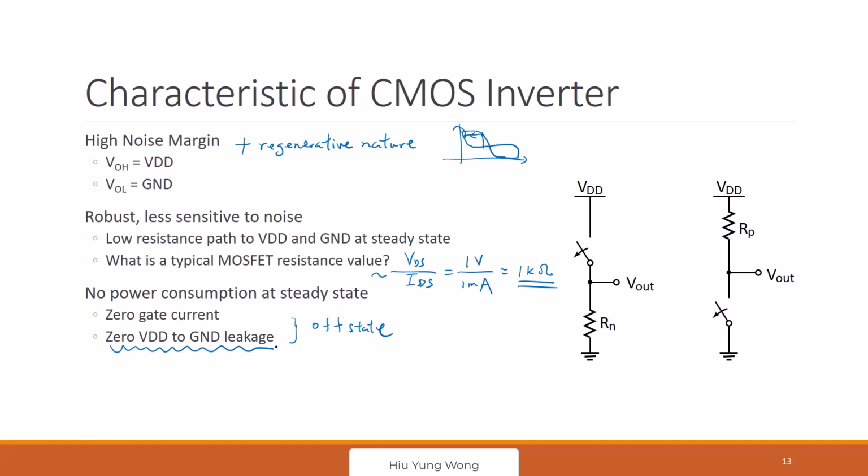I think no. I think there's always current leaking. Yeah, because of the subthreshold leakage. We'll talk about this later. How do you stack the transistor to reduce the subthreshold leakage, right?